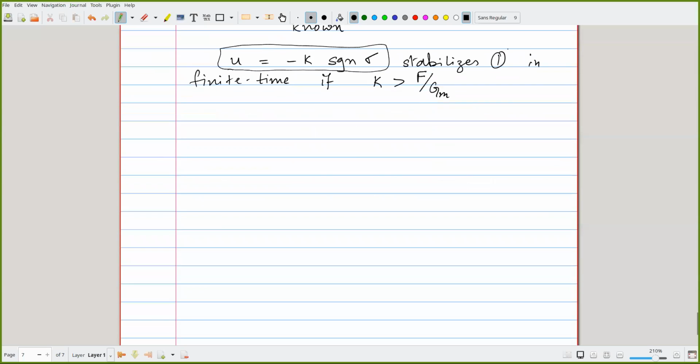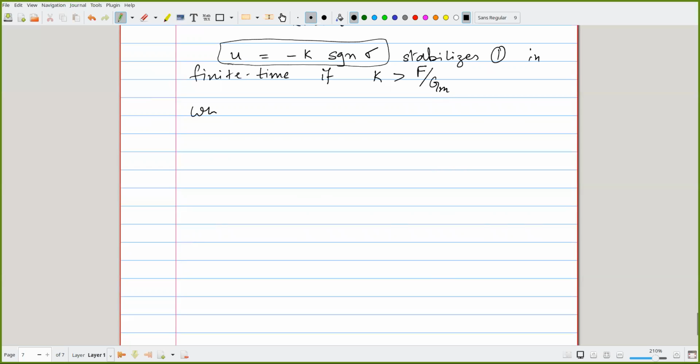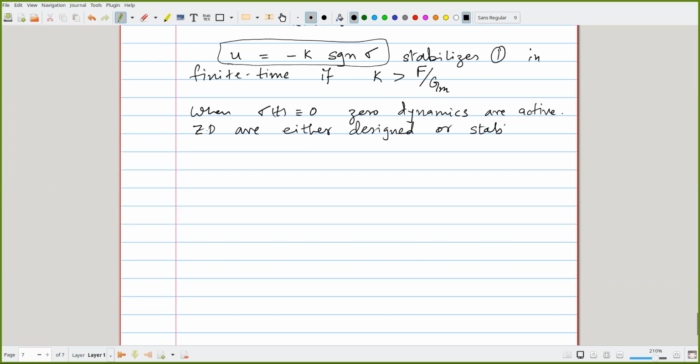And when sigma becomes 0, what happens? When sigma(t) becomes 0 and stays 0, zero dynamics becomes active. Those ZD are either designed to be desired or assumed to be stable.